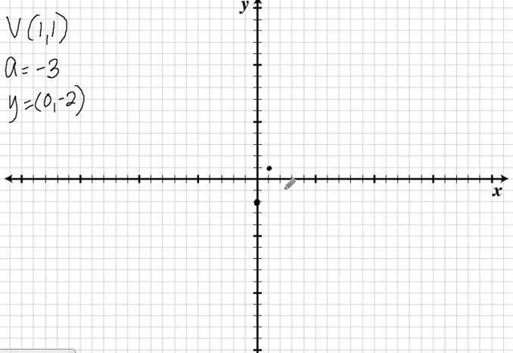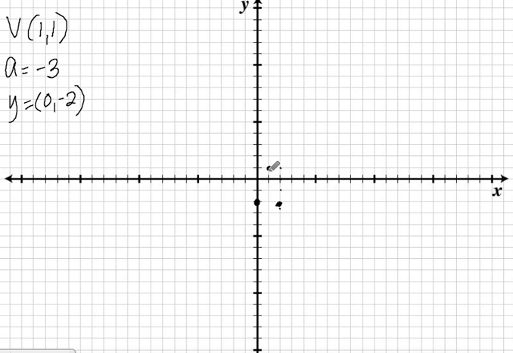A value of negative 3 means I go to the right 1 and I go down 3. It just so happens that the y-intercept is the mirror reflection of the rate of change point. Remember, if A is negative 3, you'd go to the right 1 and down 3.